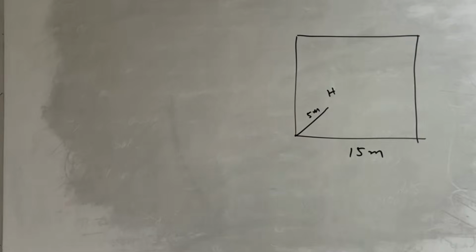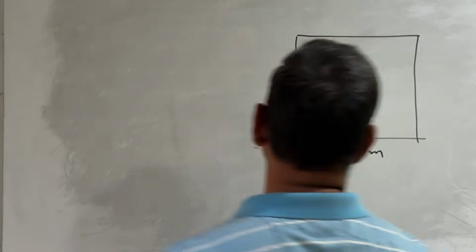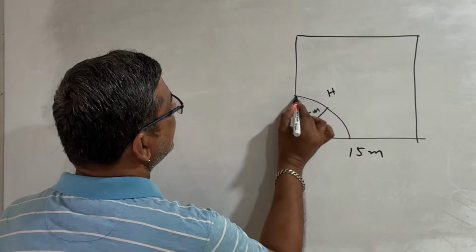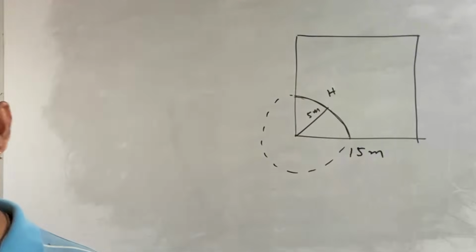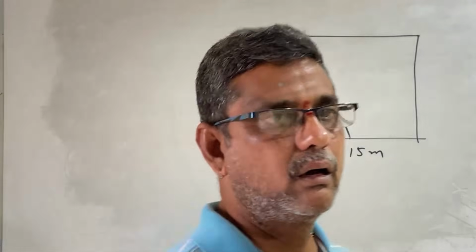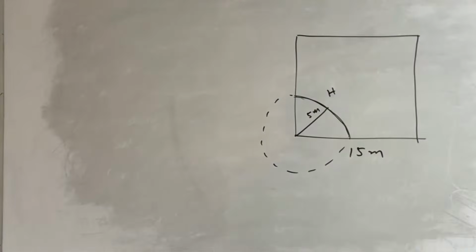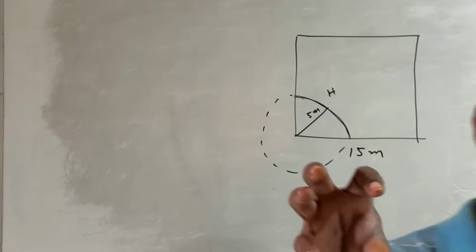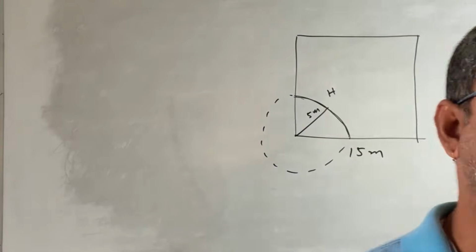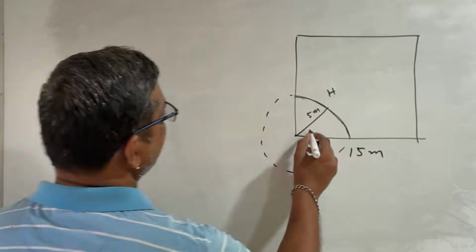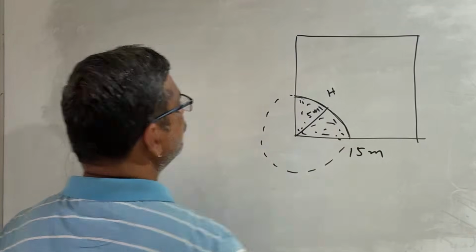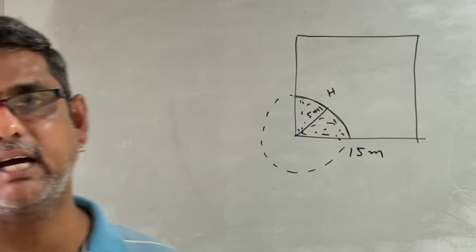Now see, that means the horse can graze this much area. Having a 5 meters long rope on the neck, it can make one round, that is a circle shape, but in that particular square field, it can graze only this area, which is nothing but the area of a sector.